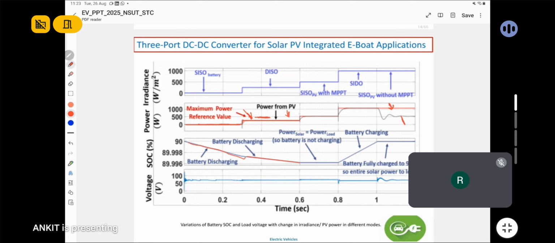In this section, load power and generated power are the same, so the battery will not charge or discharge, and its SOC is constant.